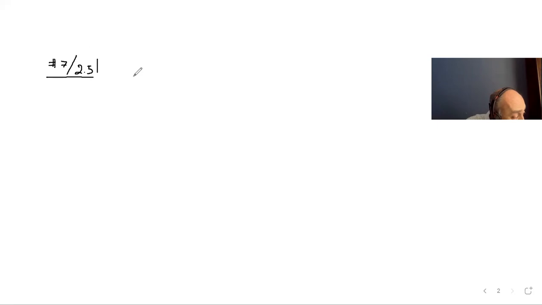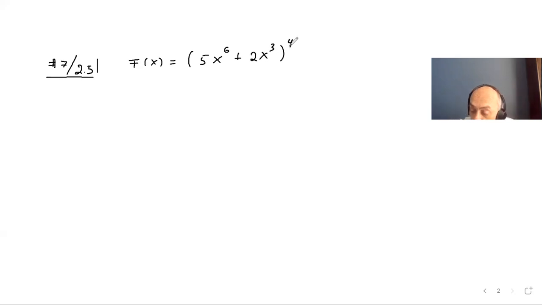But number 7 of 2.5 says you have this function f of x equals 5x to the 6th plus 2x cubed, everything to the 4th. So how do you do the derivative of this particular function? Let's recognize the situation here.